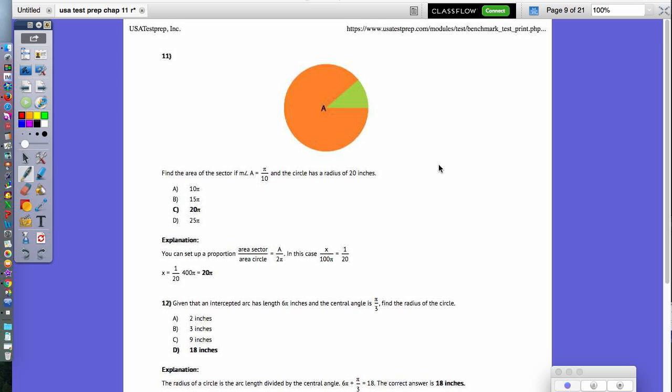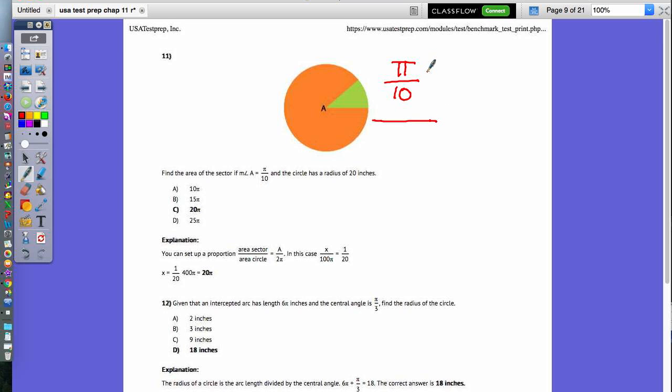So now this is the part you've all been waiting for. I know, the radians. So the first thing when you have any of these is you want to set up the measure of the central angle. So the central angle is pi over 10. And you want to put that over the total circle.